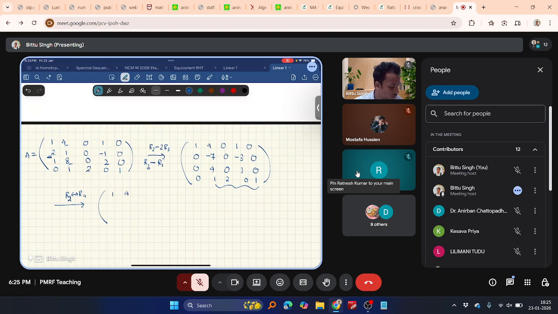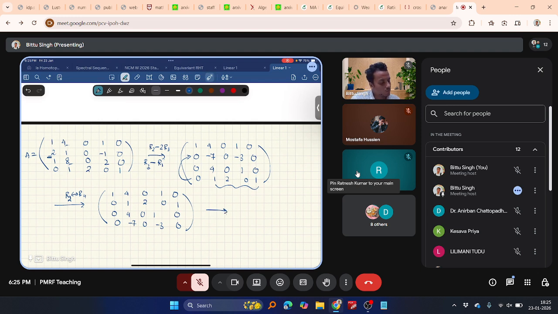The first row remains the same, 1 4 0 1 0, and this will put the fourth row in the second position, so it becomes 0 1 2 0 1, and then the third row remains the same, 0 4 0 1 0, and finally we get 0 minus 7 0 minus 3 0.